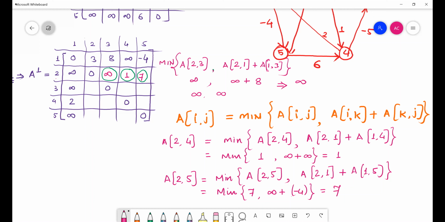Next we need to calculate 3 to 2, isn't it? Yes, sir.